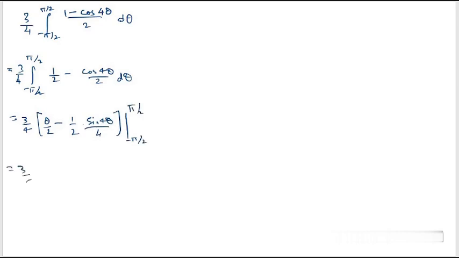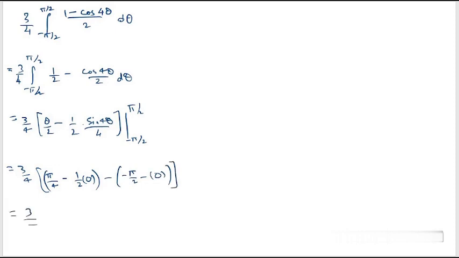Right, so this becomes 3 by 4. Pi by 4 minus 1 by 2. Pi by 2 times 4 is 2 pi. Sine 2 pi is 0. And for the minus 2 pi case also, we have 0 as it's sine minus 2 pi, still 0.